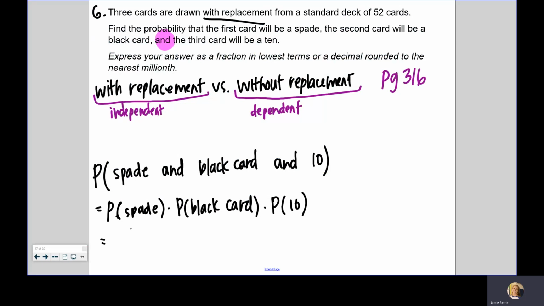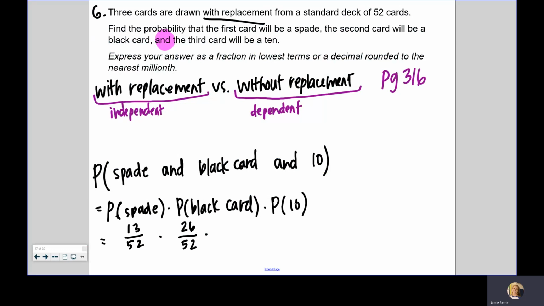That's one of the suits, and we know that there's 13 of each suit. So we have 13 out of 52 that are spades. You don't have to put them in parentheses. 13 out of 52 times black cards. We know that half of the deck is black and half of the deck is red, so half of the deck would be 26. So that's 26 cards out of 52 cards.